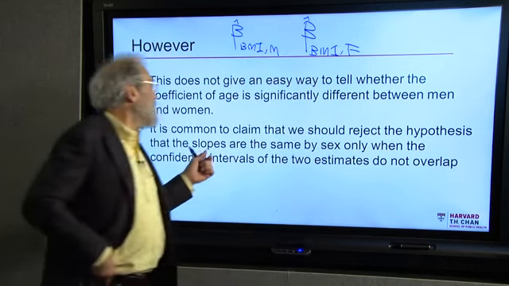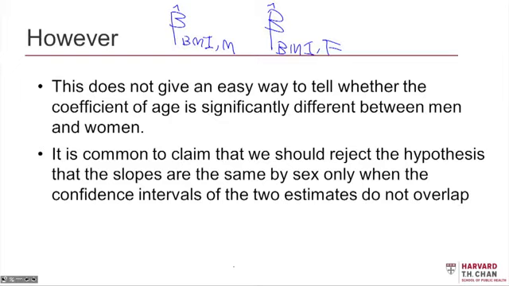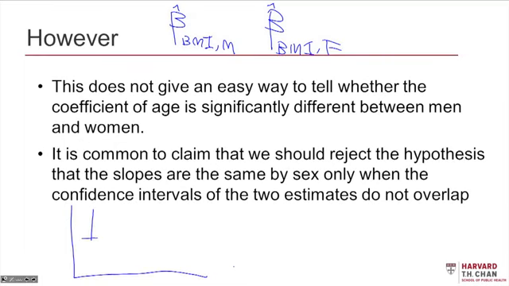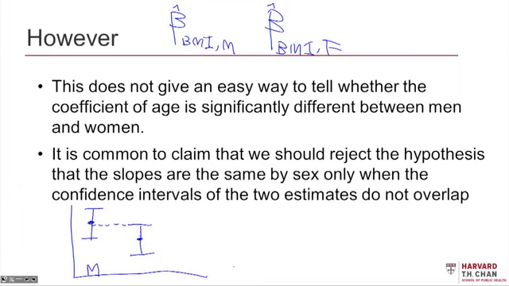Now, it is a common claim that we should reject the hypothesis that the slopes are the same only when the confidence intervals of the 2 betas don't overlap. So people will say, okay, here's the coefficient in males, and let's say here's the coefficient in females, right? Those aren't different because the confidence intervals overlap.